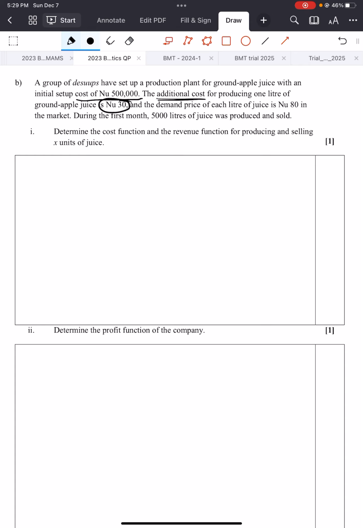So the total cost is the initial 500,000 plus 30 times x for x liters of apple juice. The demand price of each liter of juice is 80, which means the price per liter is 80 in the market.